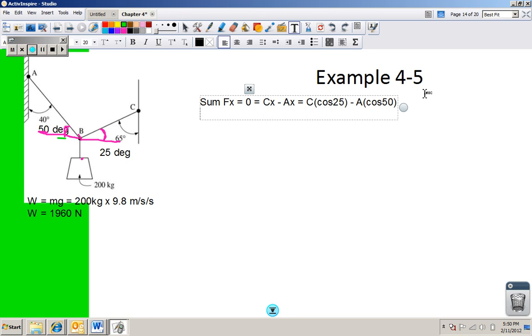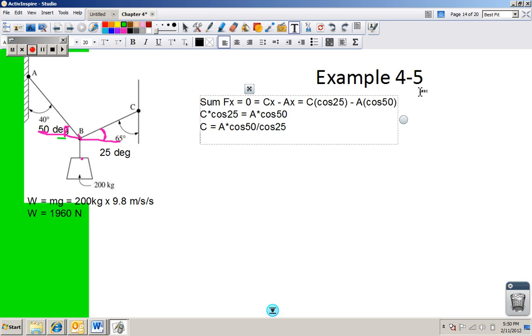So let's solve for C, and we can say C times cosine 25 is equal to A times cosine 50. And so dividing both sides by cosine 25, we get C is equal to A times cosine of 50 divided by cosine of 25.